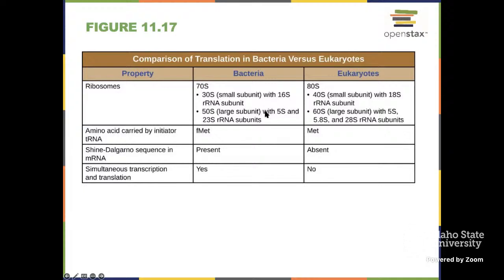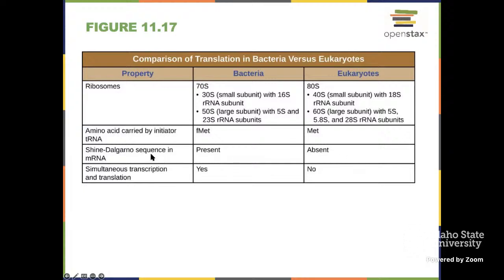So with that, the amino acid for our start codon, as I mentioned just a second ago, in bacteria, it's a formyl methionine, and in eukaryotes, just methionine. Bacteria have a sequence in the messenger RNA called the Shine-Dalgarno sequence. It's present there, but absent in the eukaryotes.